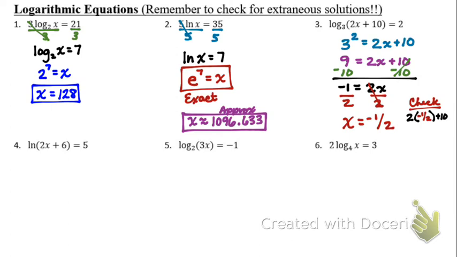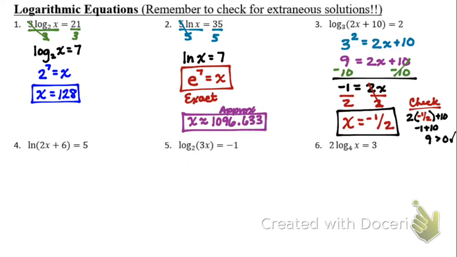What's 2 times negative 1/2? Negative 1 plus 10. Is that positive? Yes. So is this okay as an answer? Yes. It's not x that can't be negative. It's the argument that can't be negative, or the base. But specifically, we're usually checking to make sure that the argument is not negative.